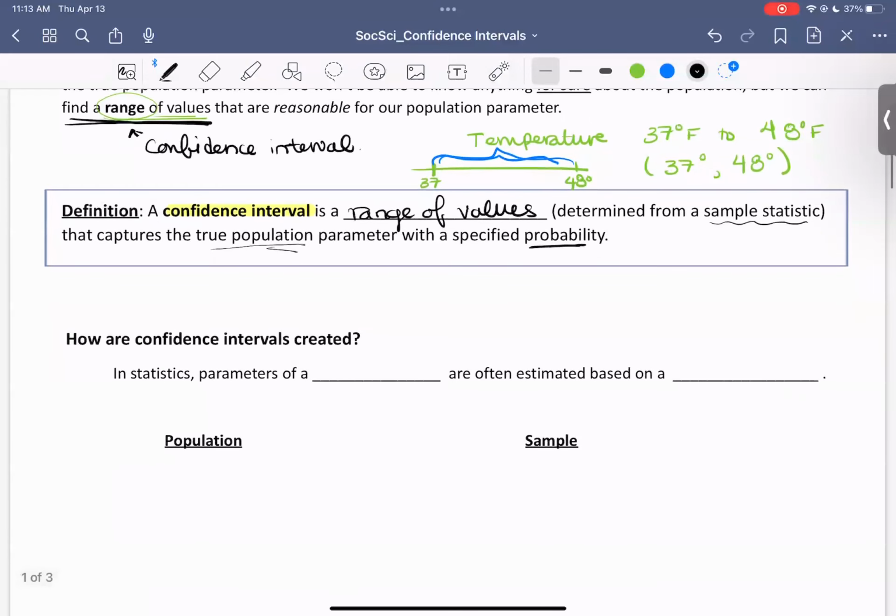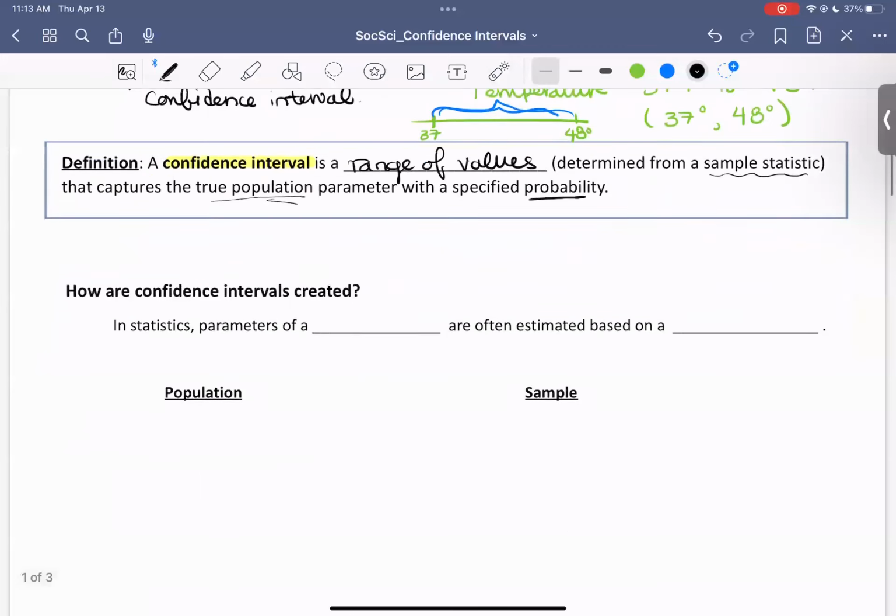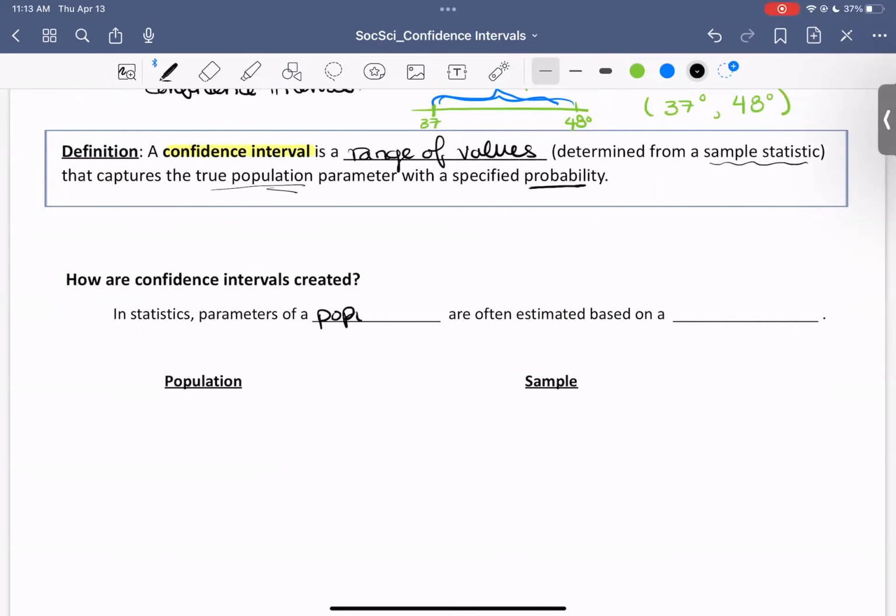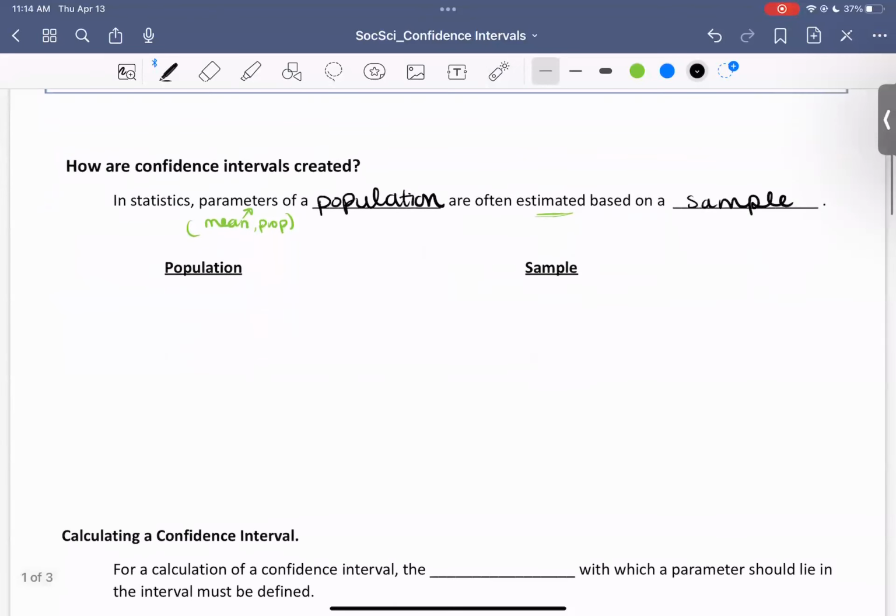So in general, and in statistics, parameters of a population, again, examples here meaning the mean and the proportion, are often estimated based on a sample. And that's exactly what we do when we create a confidence interval. So let's look at that a little bit visually.